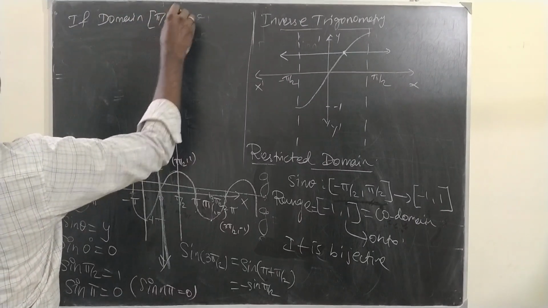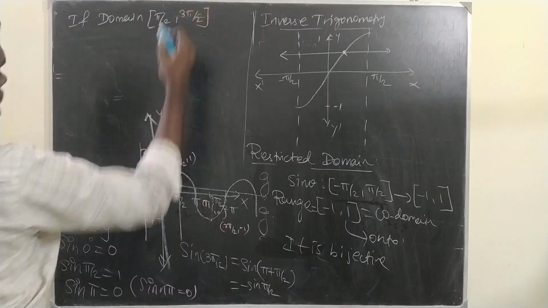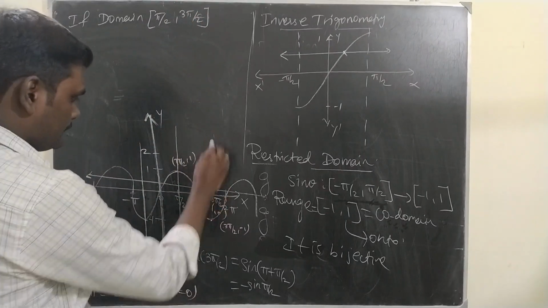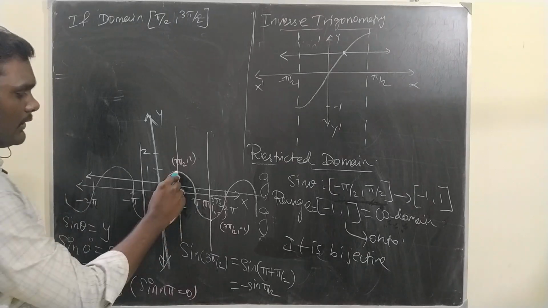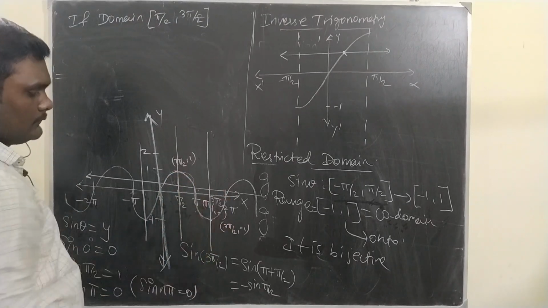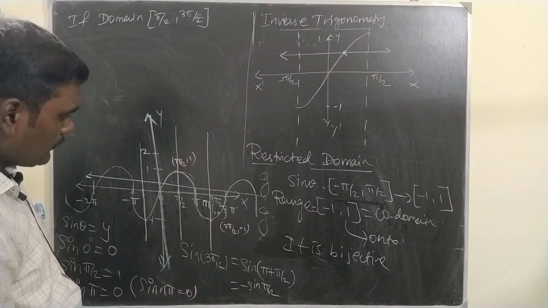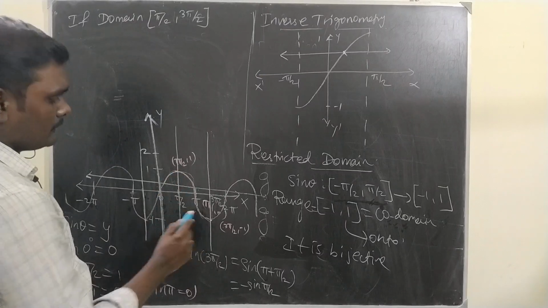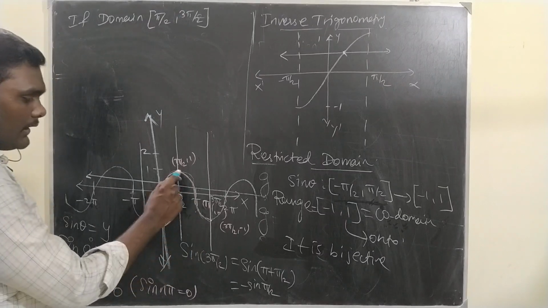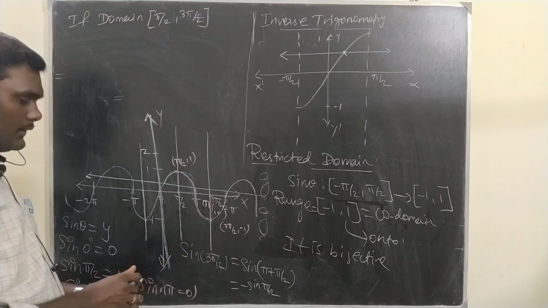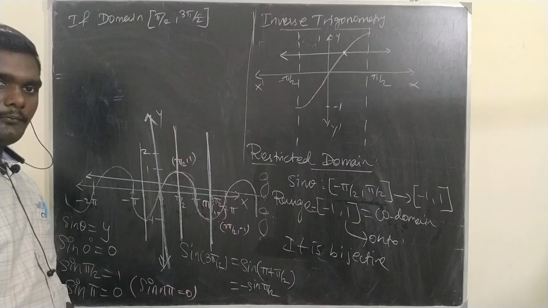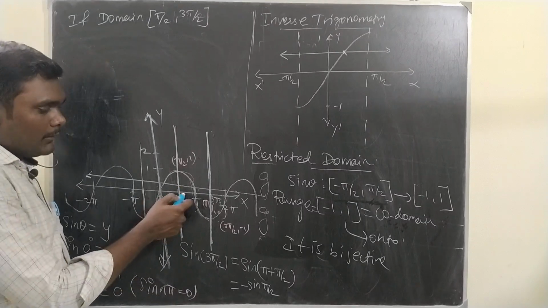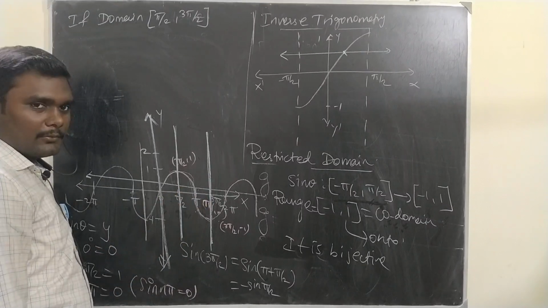Take this piece alone, pi by 2 to 3 pi by 2. Look at this piece alone. So still this becomes one-to-one, onto, bijective.